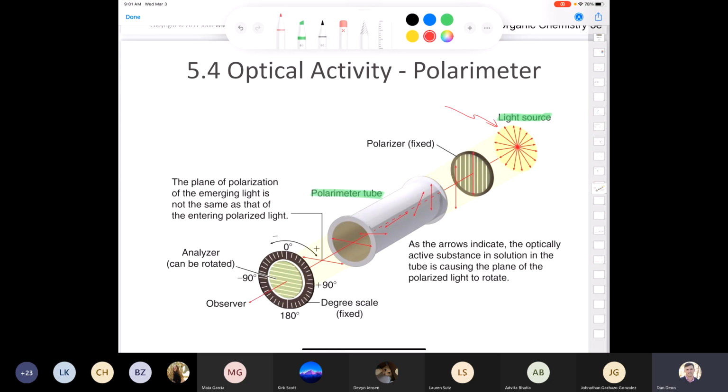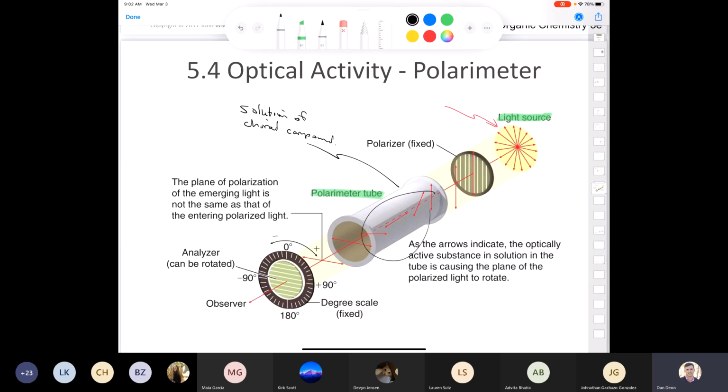Inside that polarimeter tube, you've got a solution of a chiral compound, let's say. And what that's going to do is it's going to rotate the plane polarized light in a direction.